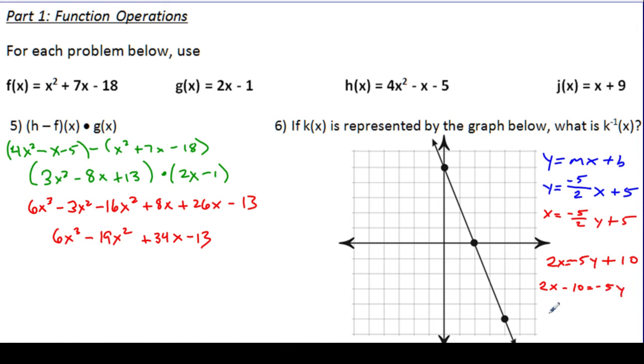So we're going to say in this case negative 2/5 x, and when I do negative 10 divided by negative 5, I get a positive 2. So negative 2/5 x plus 2, that would be the inverse. So in this case, we just had to do a little bit of extra work because we had to find the equation of the line, and then once we had the equation of the line, we had everything we needed in order to take the inverse of our graph.